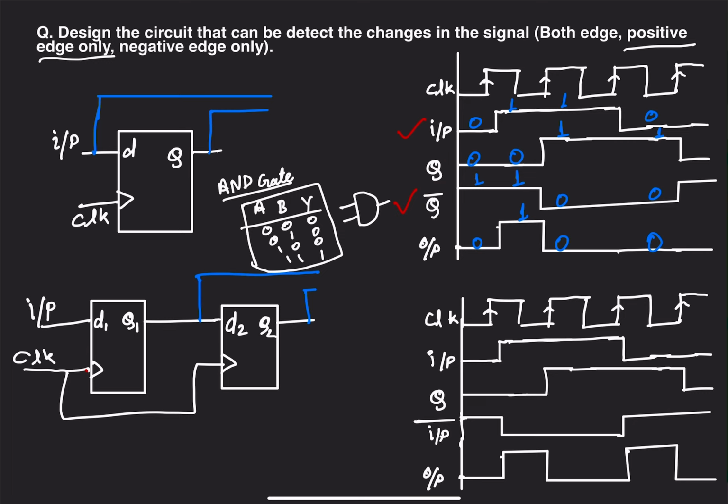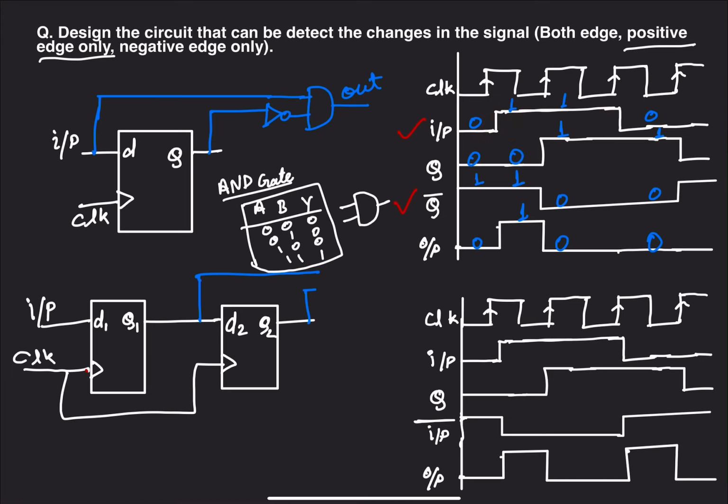For that we have to add one inverter, so we will add one inverter here and connect an AND gate, and this will be the output. So by connecting this combination, we can detect only the positive edge and it will ignore the negative edge.